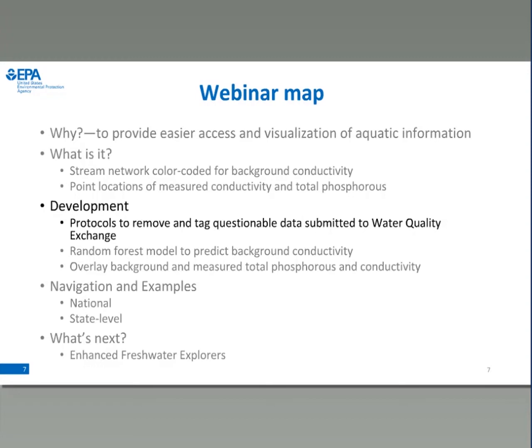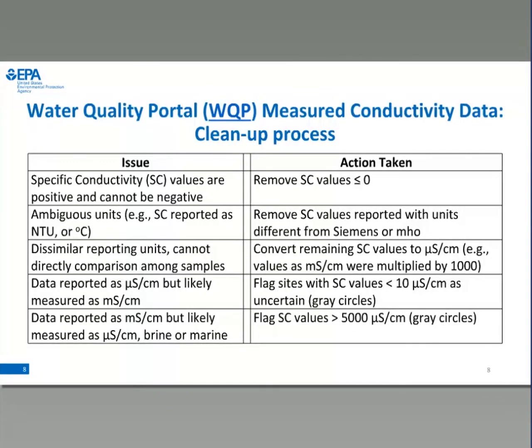So the next thing I'd like to talk to you about is how we developed it. And the important thing here is anybody who has worked with very, very large data sets with millions of entries and hundreds of people entering that data into a system, there are bound to be issues. And so we have tried to curate the data that's in the Water Quality Portal for these two parameters to make it easier to use.